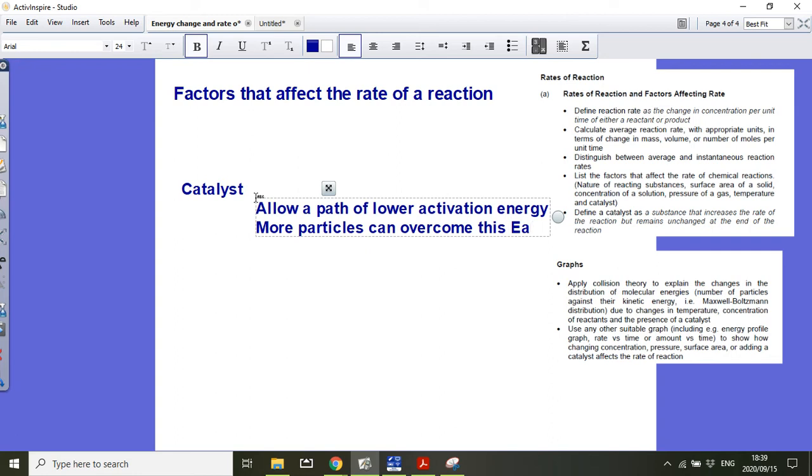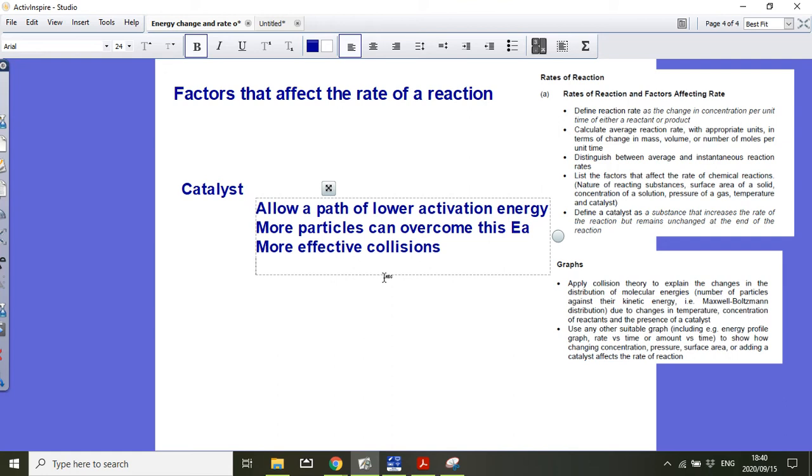So if more particles can overcome this new activation energy, there will be more effective collisions.